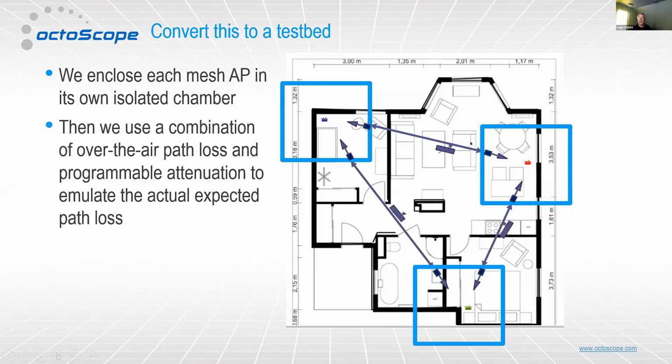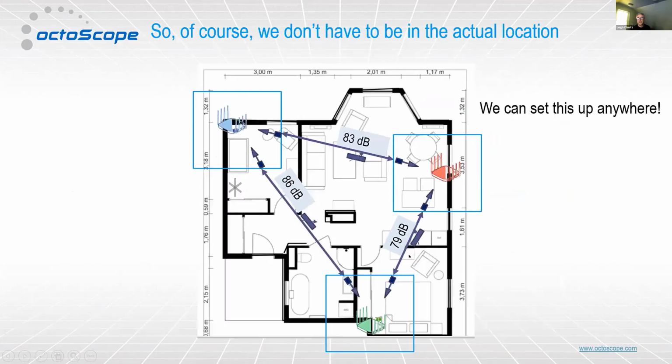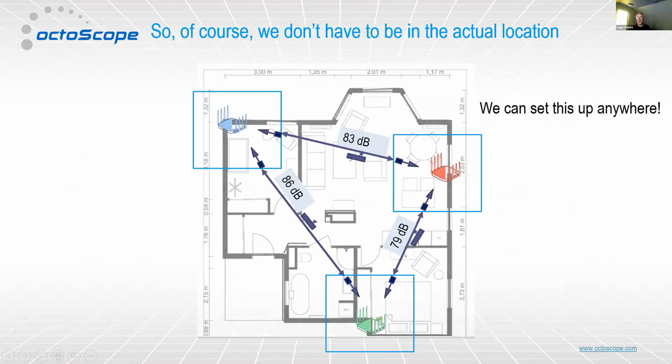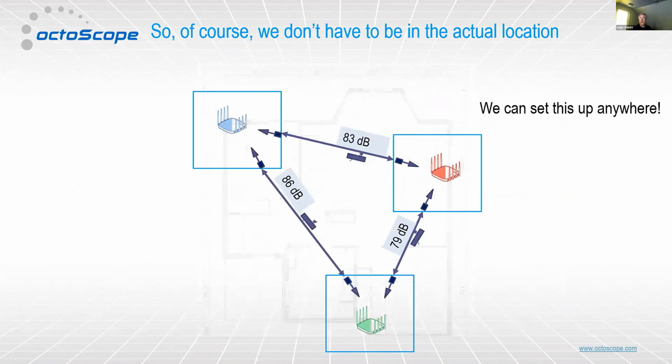And then we add attenuators onto each of those links so that we can program the total path loss between those devices in the chambers to be whatever we want it to be. So we can set it so that we have 83, 79, and 86 dB between these devices. And of course, once we do that, we don't even have to be in the location. The location now doesn't matter. We can set this up anywhere in one of our test beds.